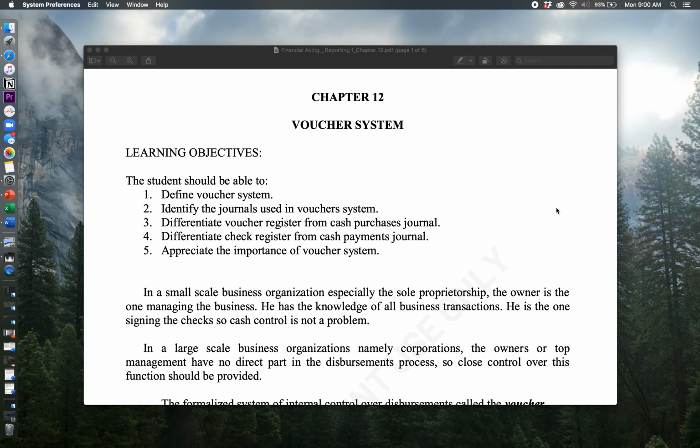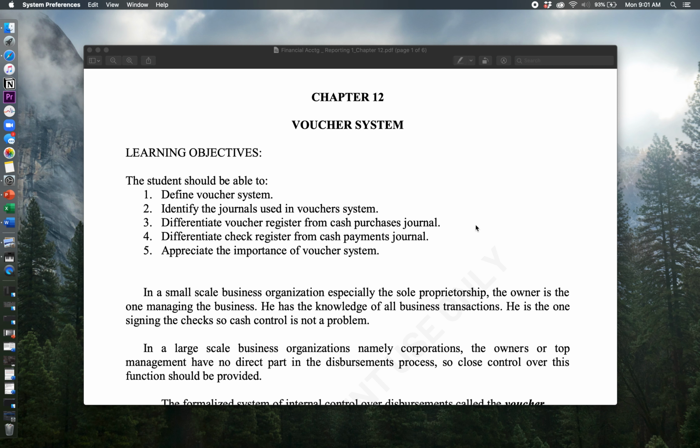Okay, chapter 12, our voucher system. So today we're gonna talk about the voucher system. Ano yung ibig sabihin yan when we say voucher system? I-identify natin, guys, ang mga journals na ginagamit sa voucher system.